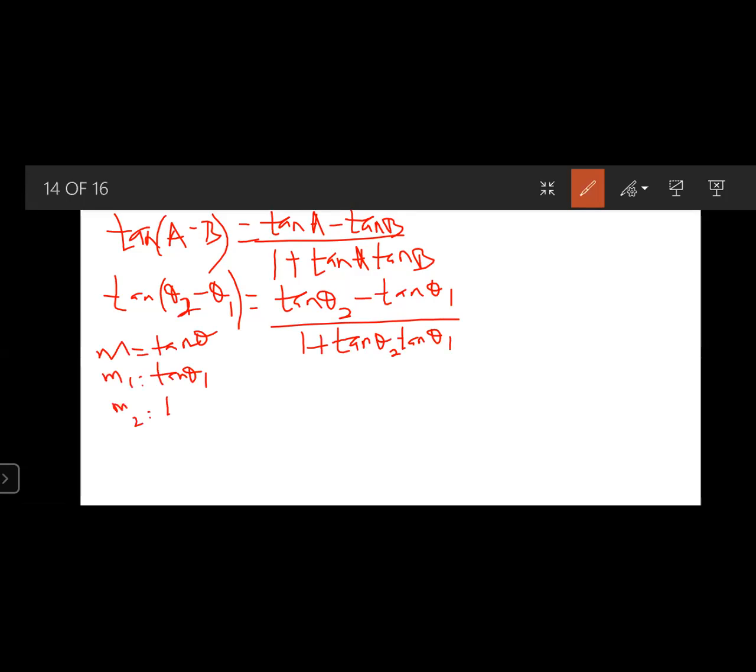Then we have M2 minus M1, where M is the gradient, over 1 plus M2 M1.